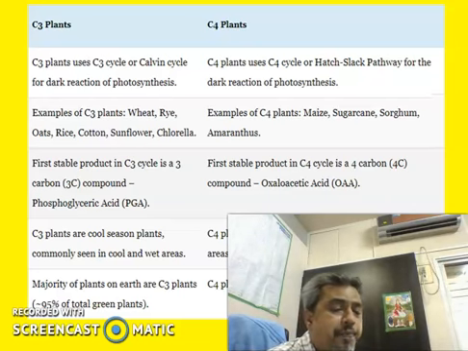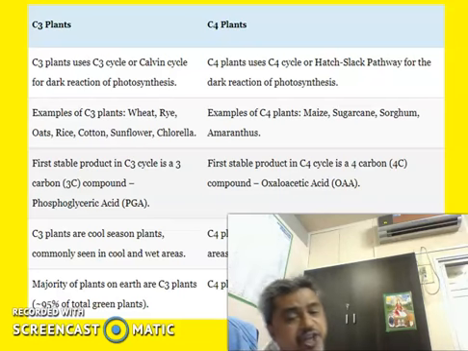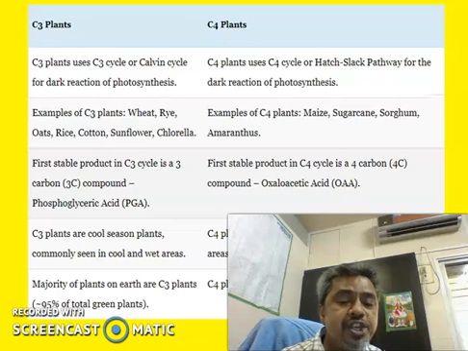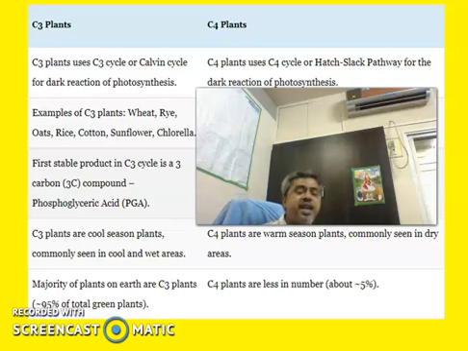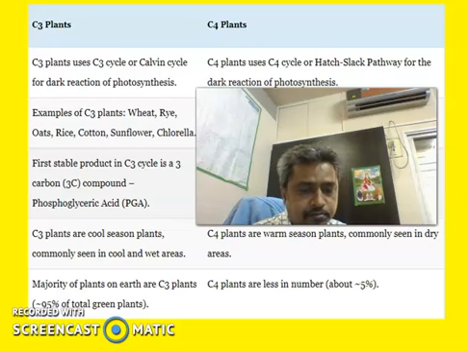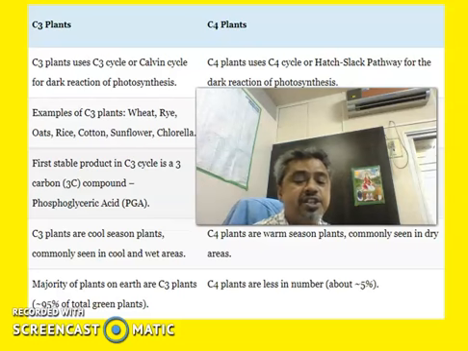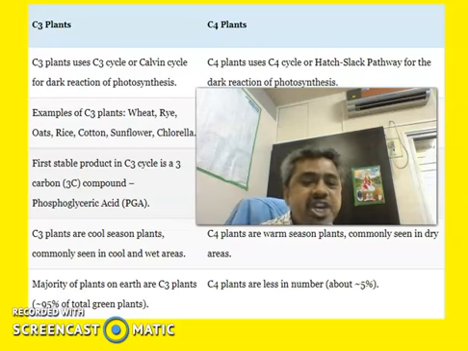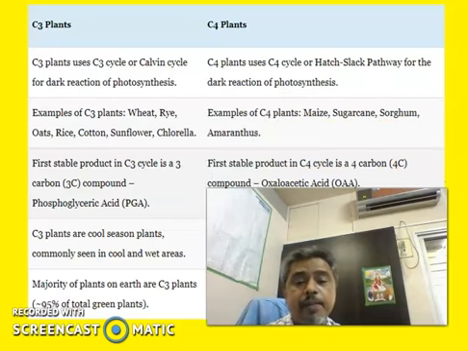Now C3 plants are cool season plants, commonly seen in cool environments and wet areas. Whereas C4 plants are warm season plants, commonly seen in dry or arid areas or where there is desert. Majority of plants on earth are C3 plants, 90% of green plants, and C4 plants are the remaining, about 5%. So this is about differences.